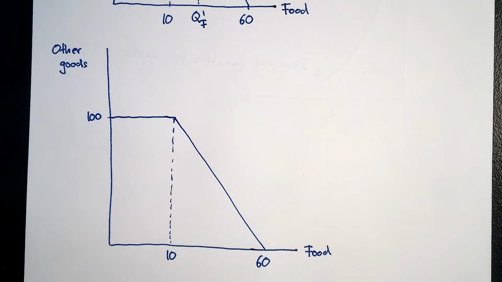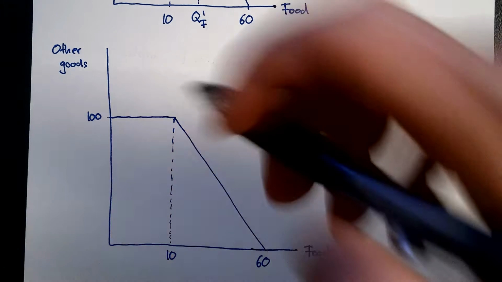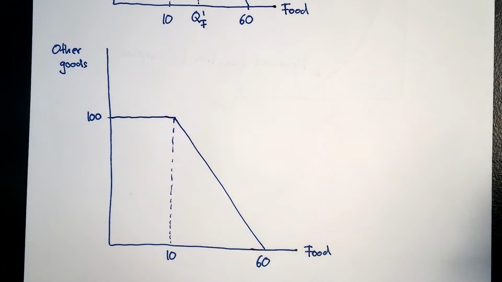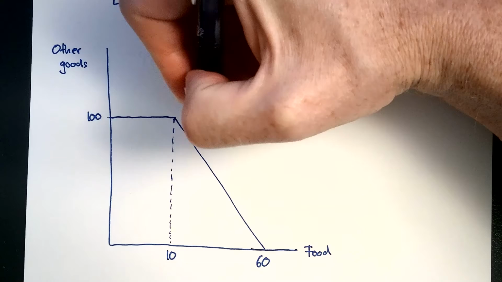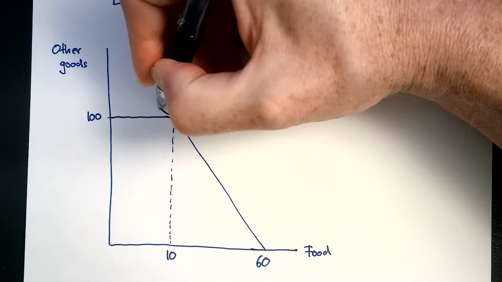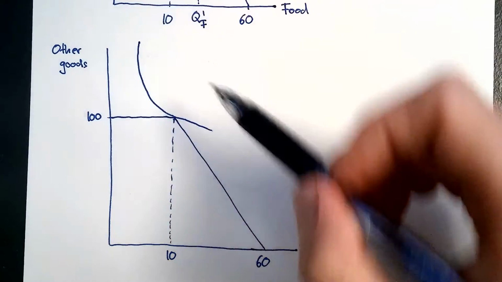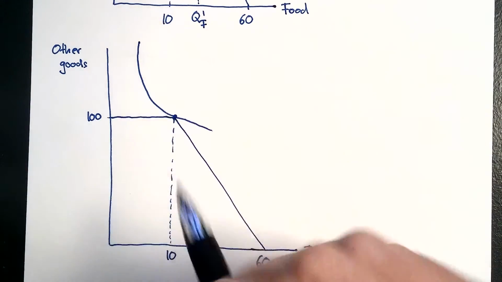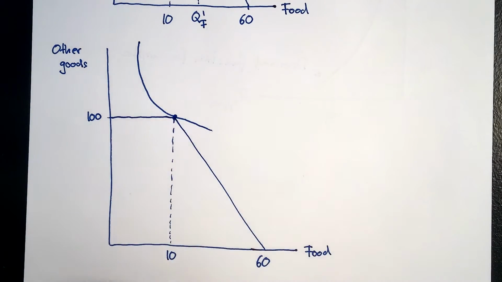Now, suppose that this consumer does not purchase a lot of food. And suppose that the indifference curve with the initial consumption is going right through this point here, where we have the kink.